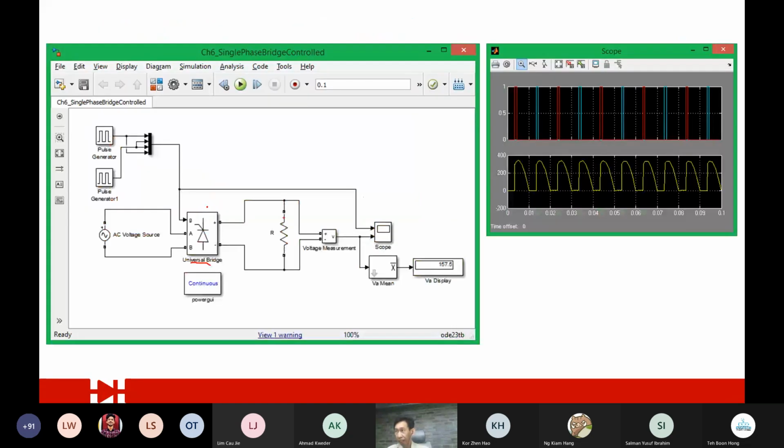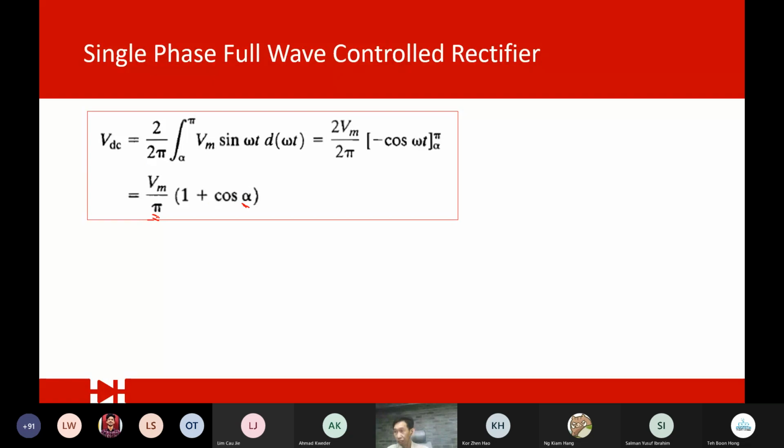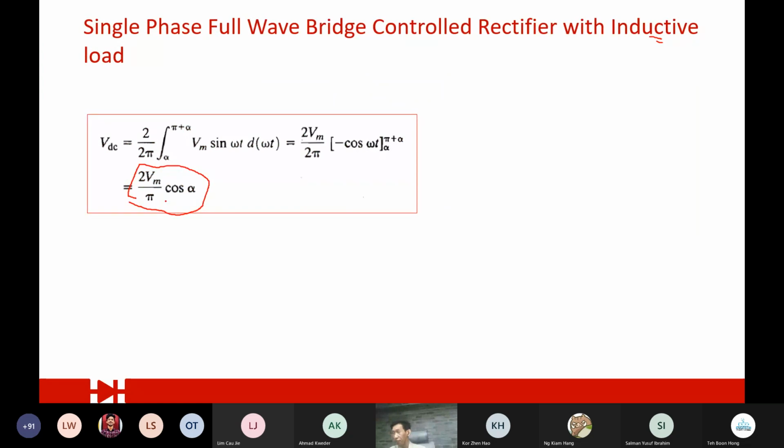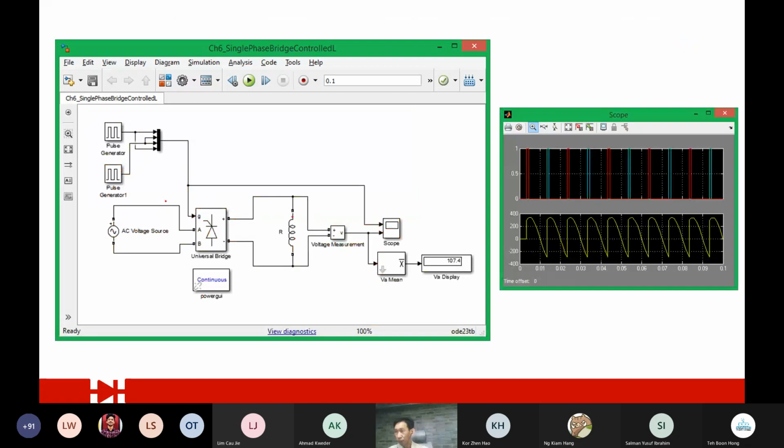You can see this one, resistive load, this is the equation. But inductive load, this is the equation. Why so? Because when you look at the waveform, if I change this one to inductive load, you see the output will go all the way back.